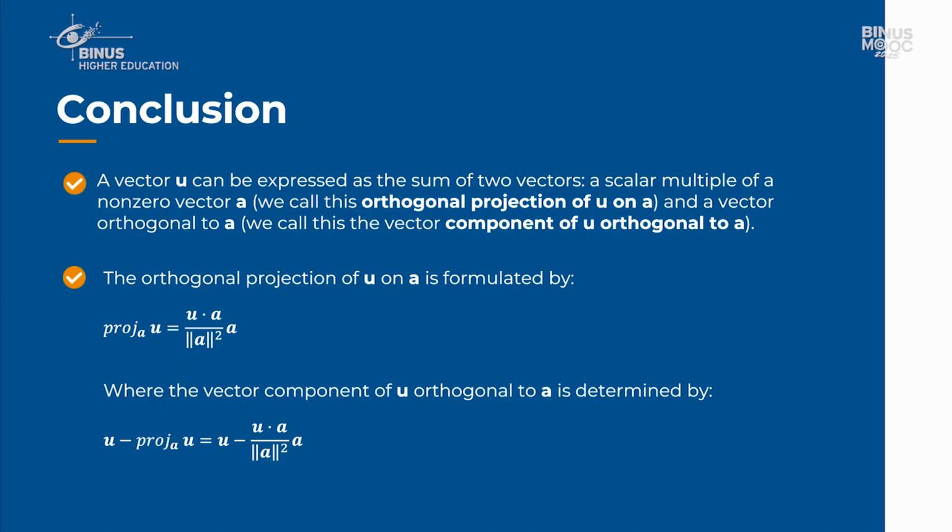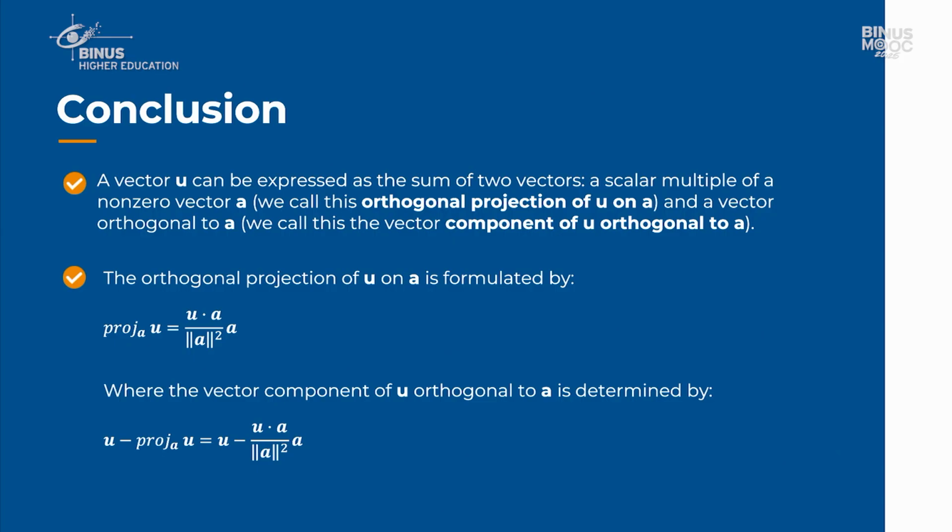So the conclusion of the module is, first, the vector u can be expressed as the sum of two vectors: the scalar multiple of a non-zero vector a, which we call the orthogonal projection of u on a, and a vector orthogonal to a, which we call the vector component of u orthogonal to a.